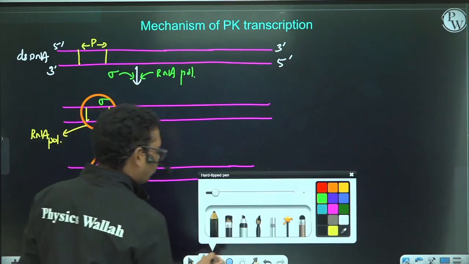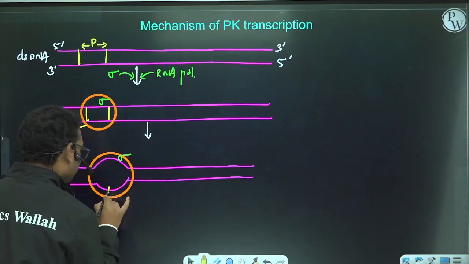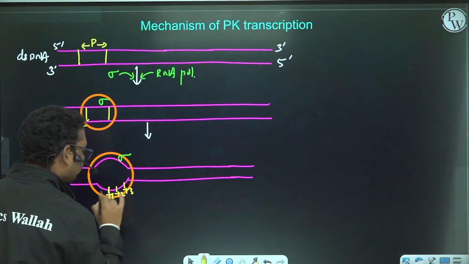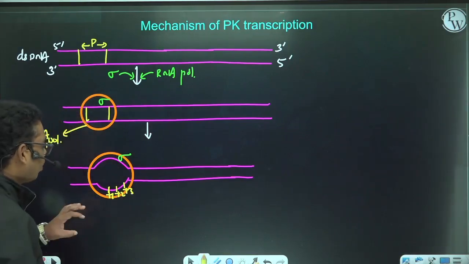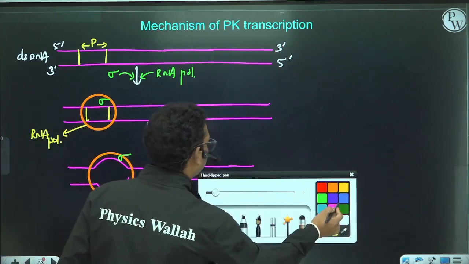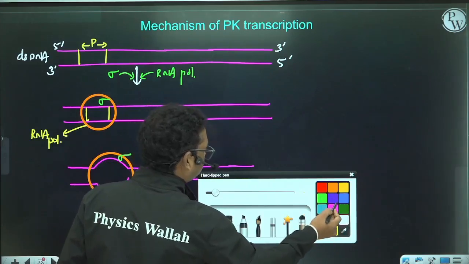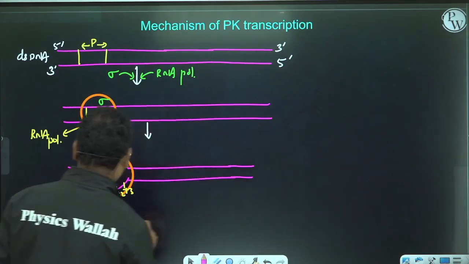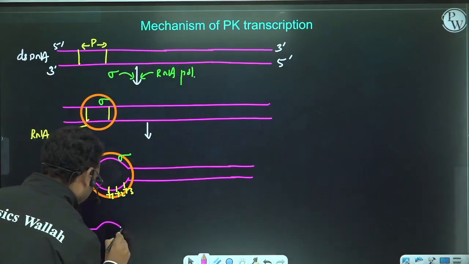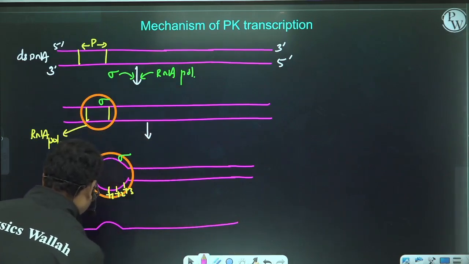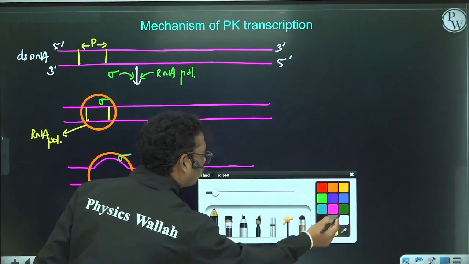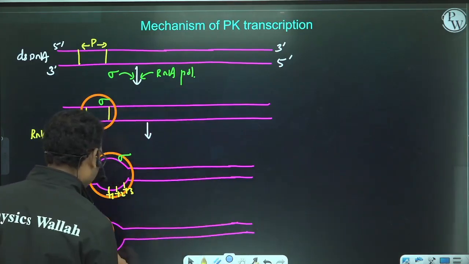Okay, now what will happen? Suppose this is the +1 sequence, this is +2, and suppose this is +3, like this. These are the various sequences. Okay, now what will happen in the next step? So this is the DNA, and this is the RNA polymerase.